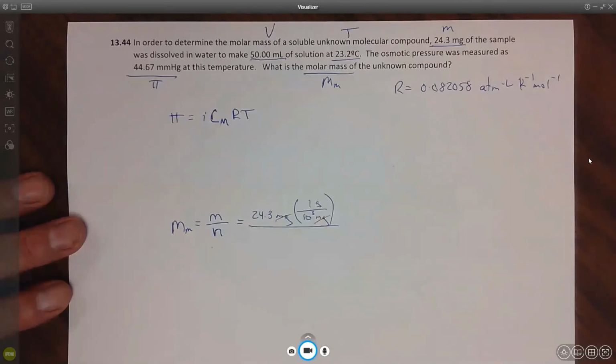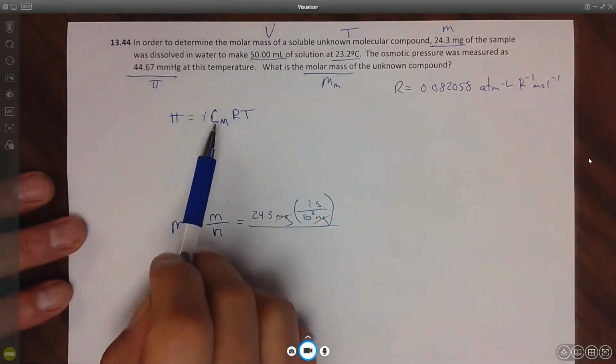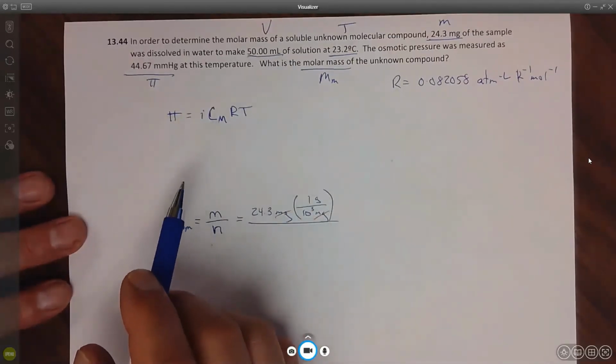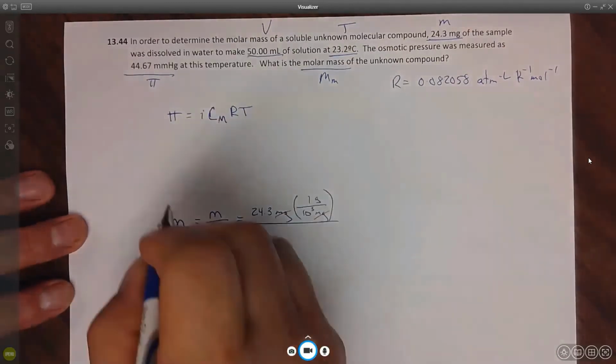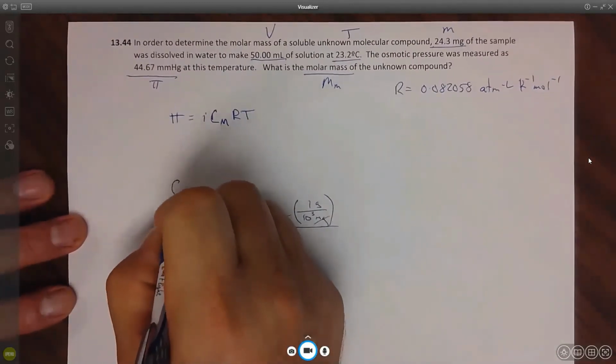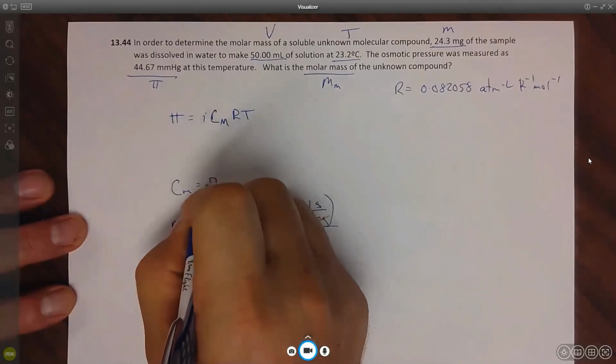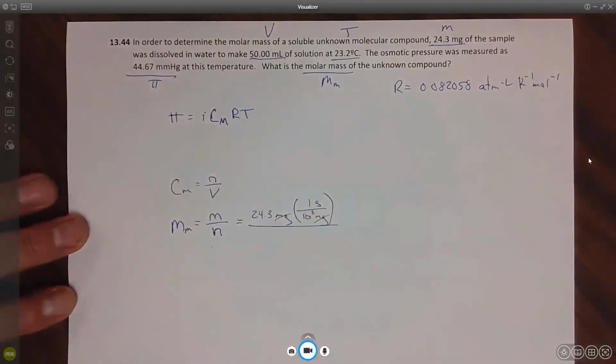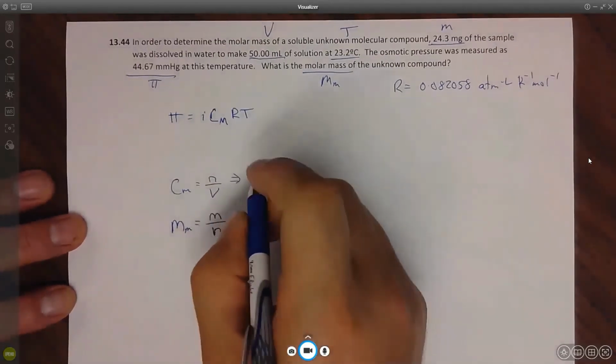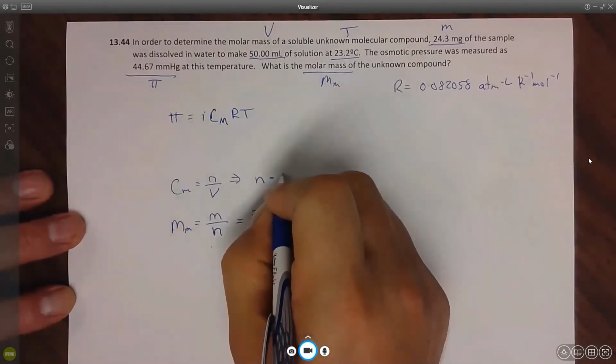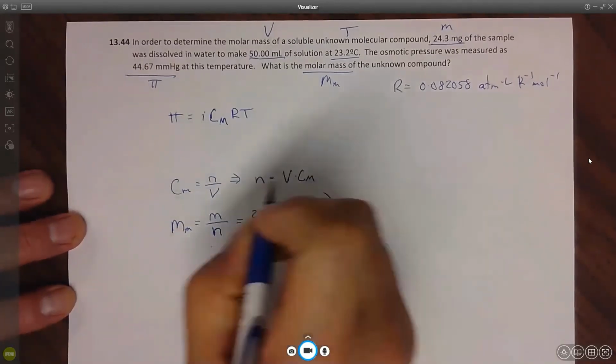The molarity. Yeah, right. So the molarity is moles per liter. So if the molarity is moles per liter, right, N over V, I would be solving for N. So N is equal to the volume times the molarity.